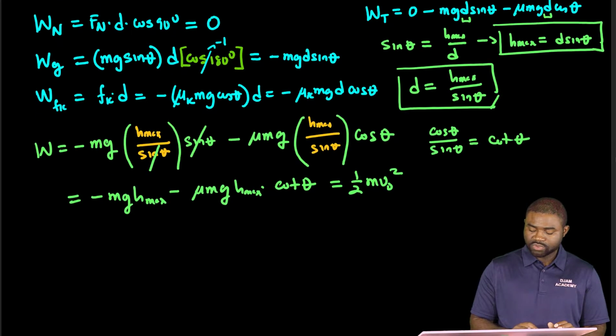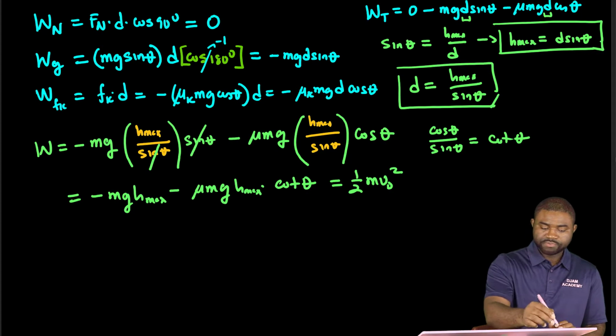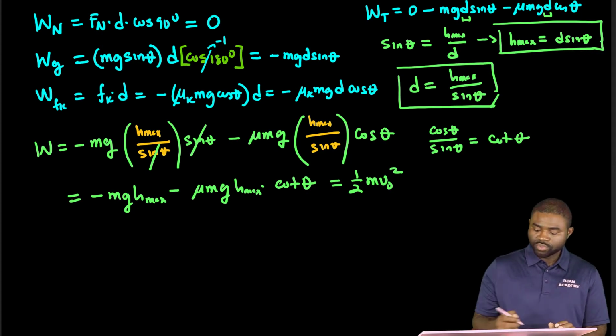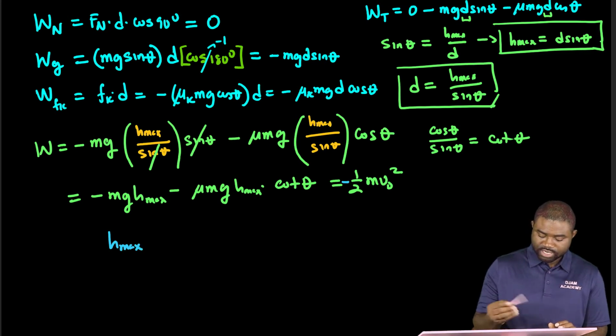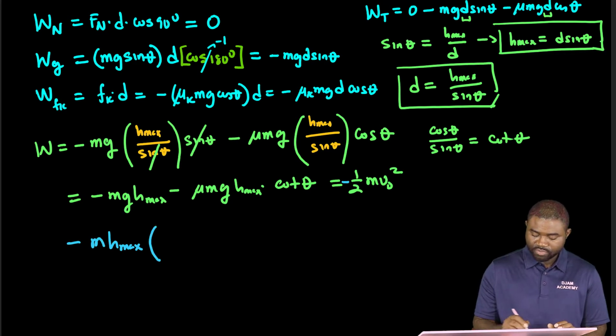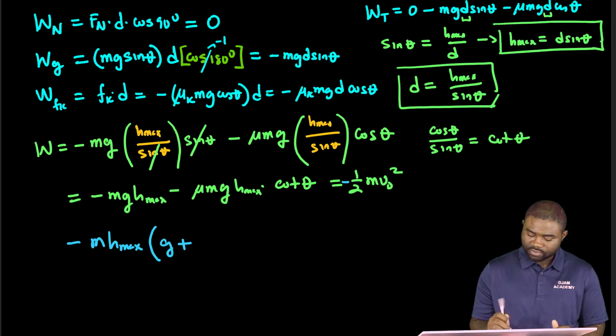And we've been asked to calculate v naught. So what do we do next? We can factorize out h max.